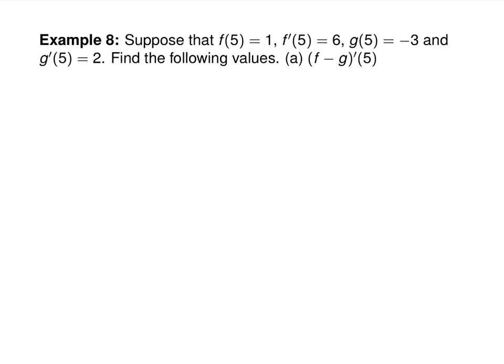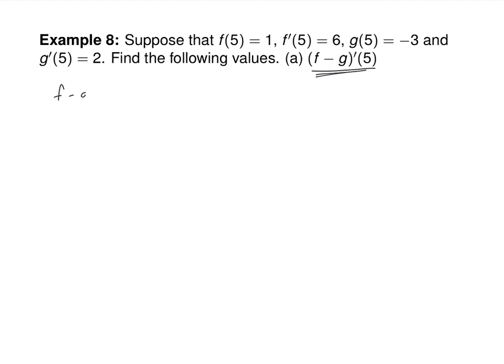So, suppose that f of 5 is 1, f prime of 5 is 6, g of 5 is negative 3, and g prime of 5 is 2. Find the following values. So, f minus g prime of 5. Is the rule for subtraction and taking derivatives complicated? No, it's not.